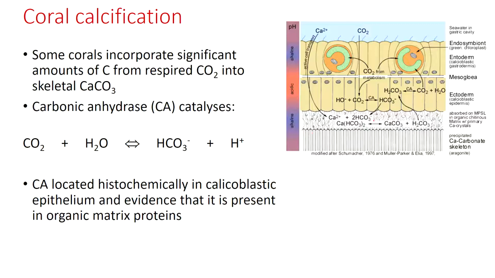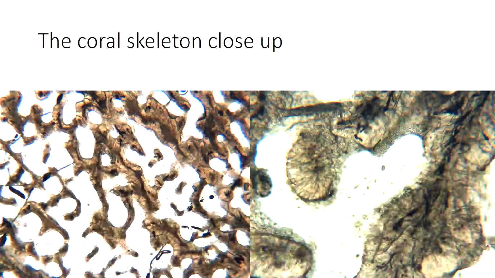They can modify the isotopic composition of the oxygen and carbon isotopes, certainly the carbon isotopes, because the carbon that ends up in the skeleton is a combination of carbon from the water, but also carbon from metabolism, and that might be subtly different. So what is the skeleton actually made of?